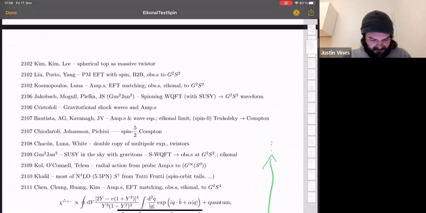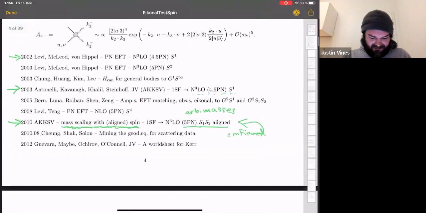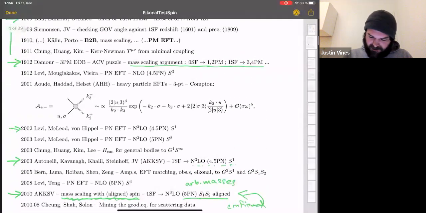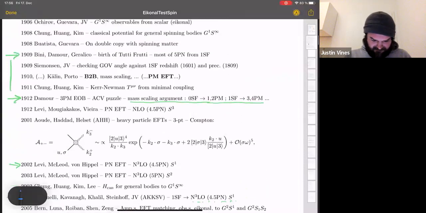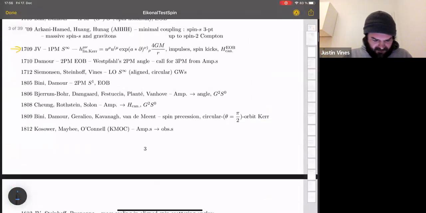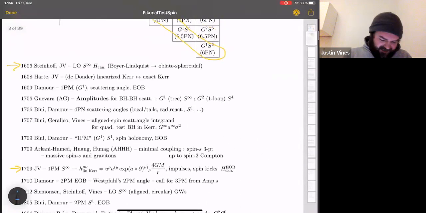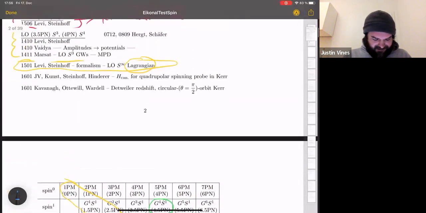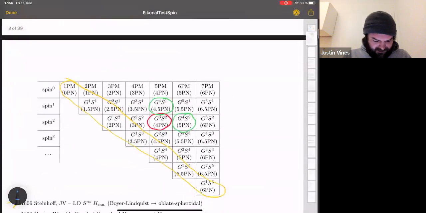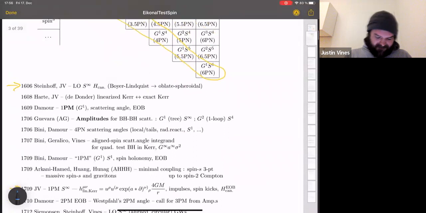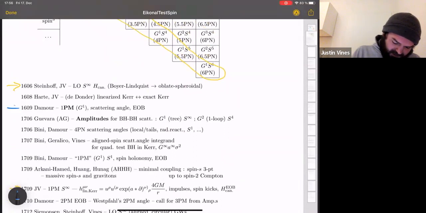Okay, so let's go back and pick up the PM story, which for me at least started with, where are we? 2016. Yeah, this paper right here.